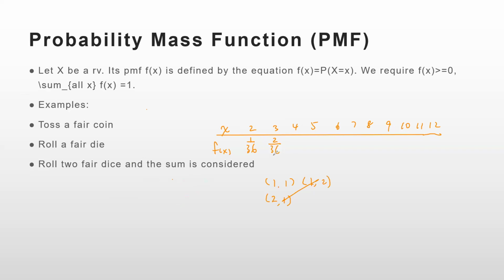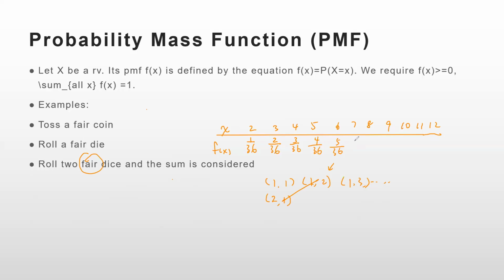Notice here we're rolling two fair dice, and all these outcomes are equally likely. So you only need to count how many outcomes, out of 36 outcomes. To get a summation 4, you have 1, 3, 2, 2, and 3, 1. So it's 3 out of 36 and so forth.